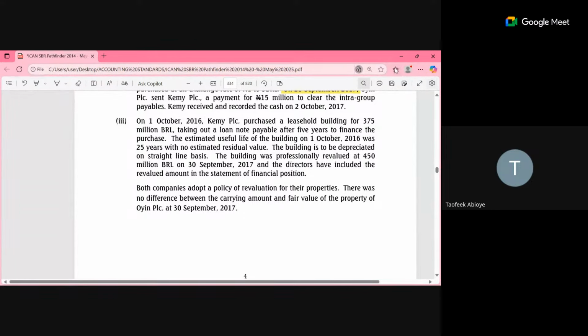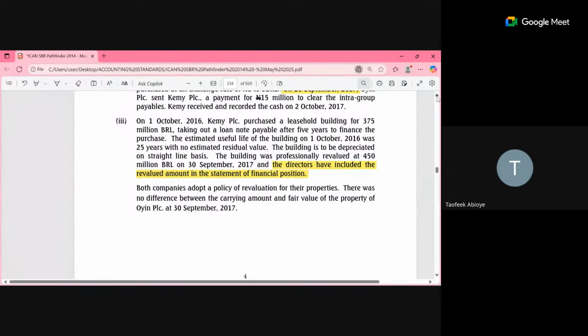Now the building was professionally revalued to 450 million, in which it will create what? It will create revaluation surplus. Now this information is very key. They said the director has included the revalued amount in the statement of financial position. So this revaluation surplus, the asset was purchased in 2016, there is a depreciation.